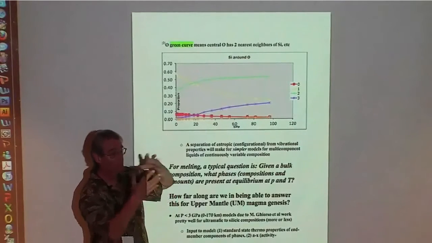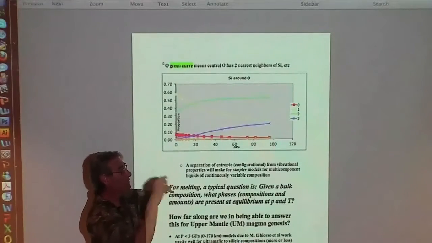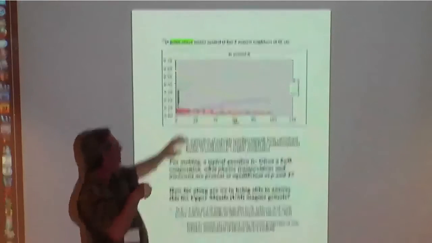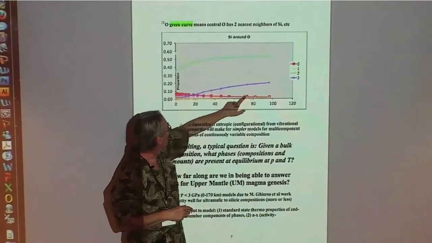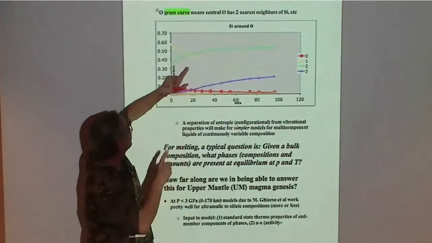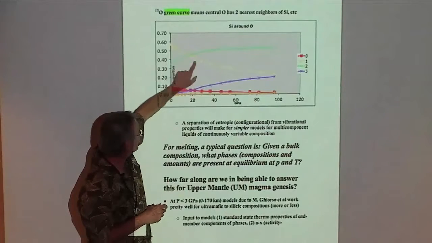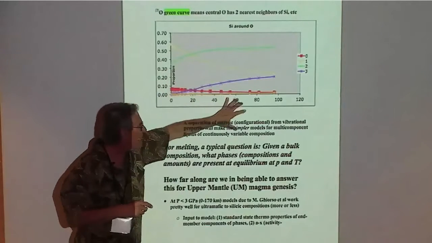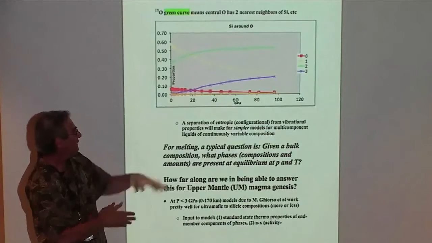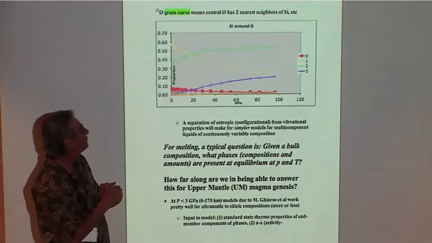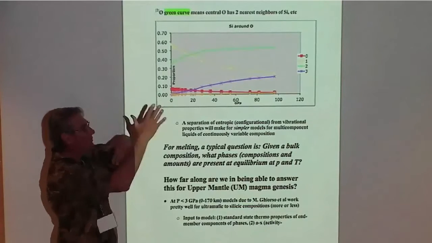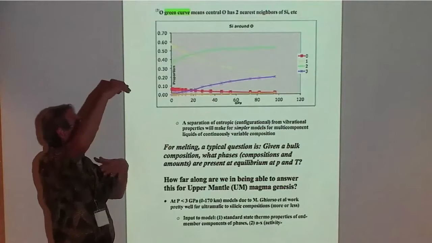That's the structure of stishovite, actually: every oxygen has 3 nearest neighbors of silicon, and every silicon has 6 nearest neighbors of oxygen. That's increasing. And what fraction of the oxygens have 1 nearest neighbor of silicon? That's falling off. So you see the densification of the liquid occurs, you can monitor it by looking at the structure of the liquid, and it's a continuous change. Solids don't behave this way. They change a little bit, but then boom, at some critical pressure, they jump and change a lot.